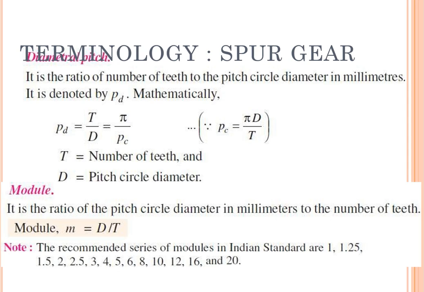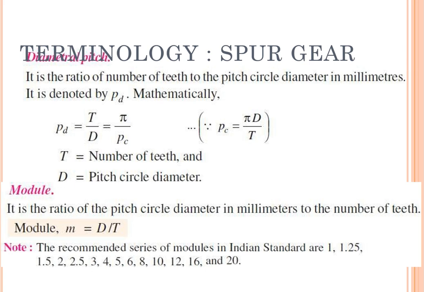The diametral pitch of the spur gear is the ratio of the number of teeth to the pitch circle diameter. It is denoted by Pd, which is equal to T by D, where T is the number of teeth and D is the pitch circle diameter. That is also equal to pi divided by Pc. So Pc is equal to pi into D divided by T. Further, what is the module of the spur gear?